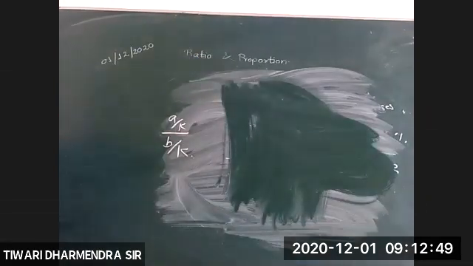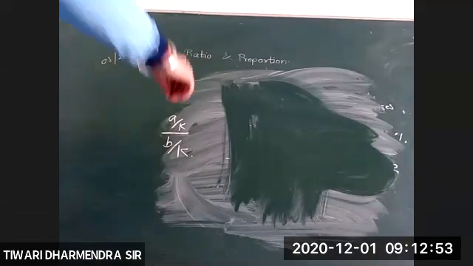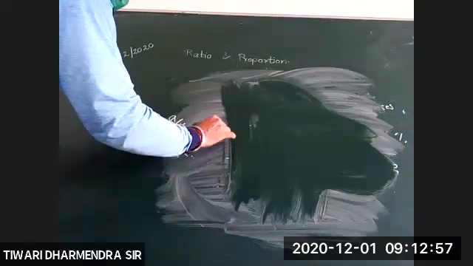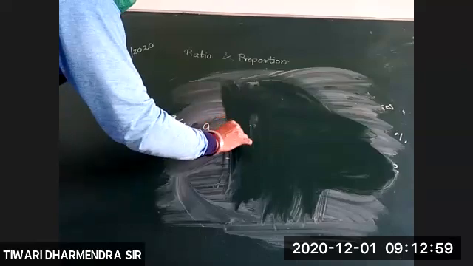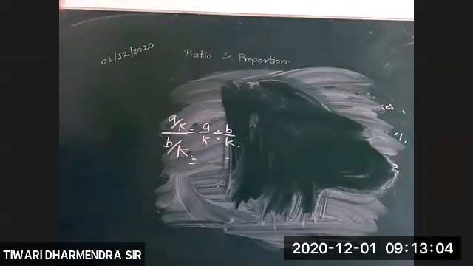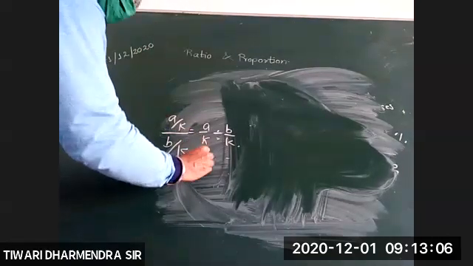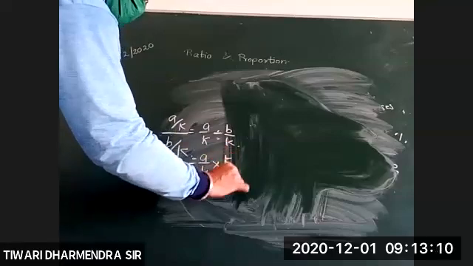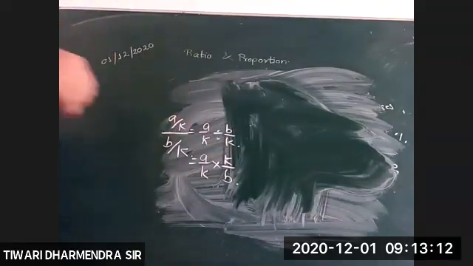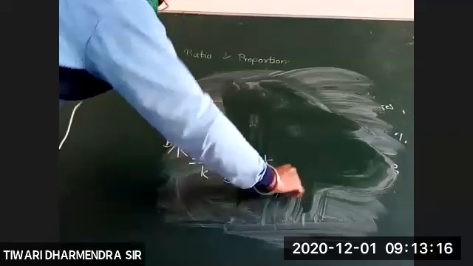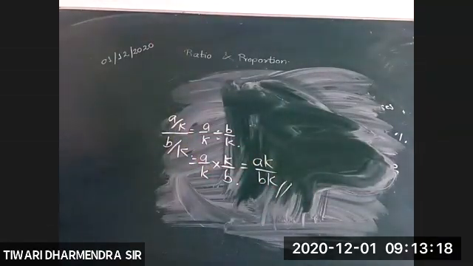We have to show that A by K upon B by K is the same as AK by BK. This can be written as A by K divided by B by K. Whenever we convert division to multiplication, it gets reversed. A by K into K by B. And when you multiply it, you get AK by BK. Done.